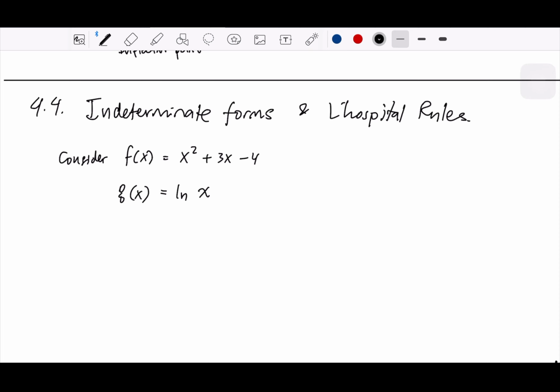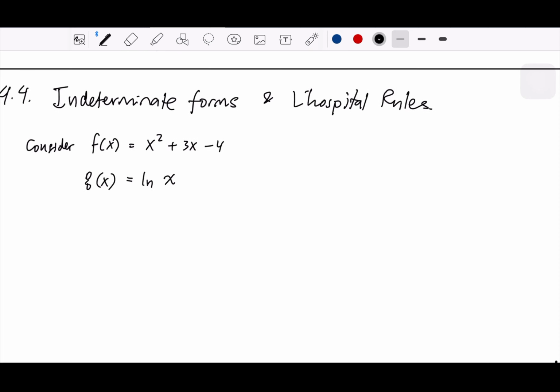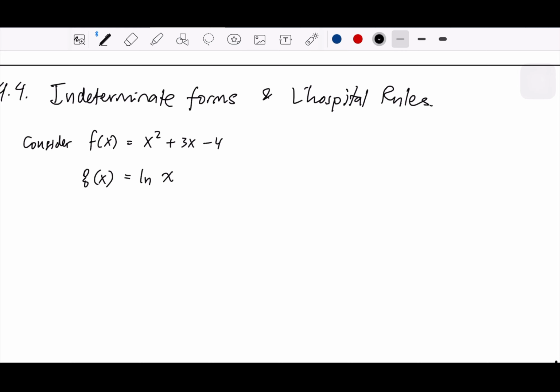Now if we take, for example, the limit as x approaches, let's say, 1, of f of x over g of x, this will have a 0 over 0 situation, right? This is what we call the indeterminate forms.